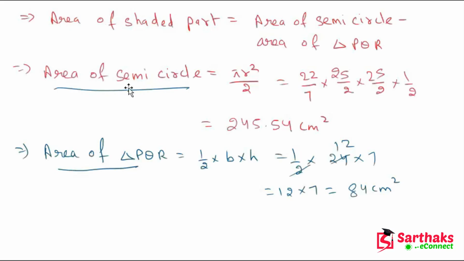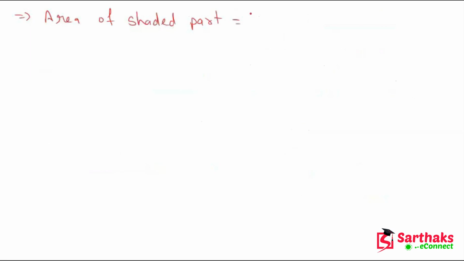So area of shaded part is equal to what? We have area of semicircle 254.54 minus area of triangle, which is 84.